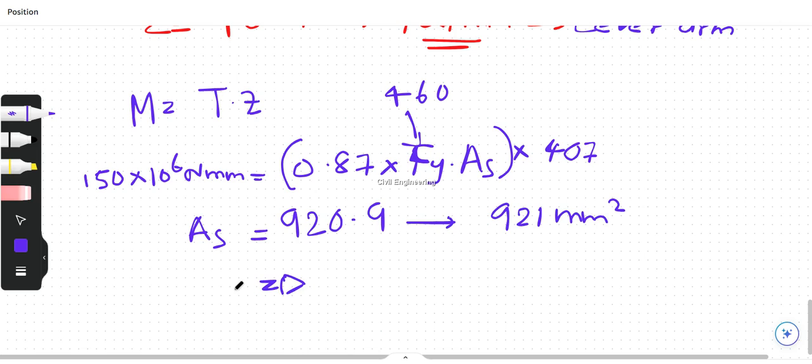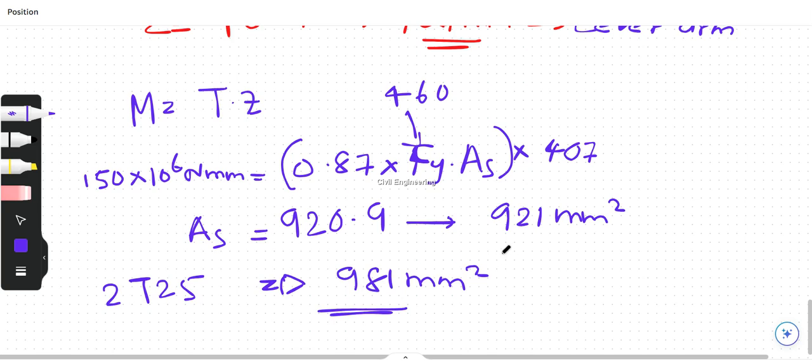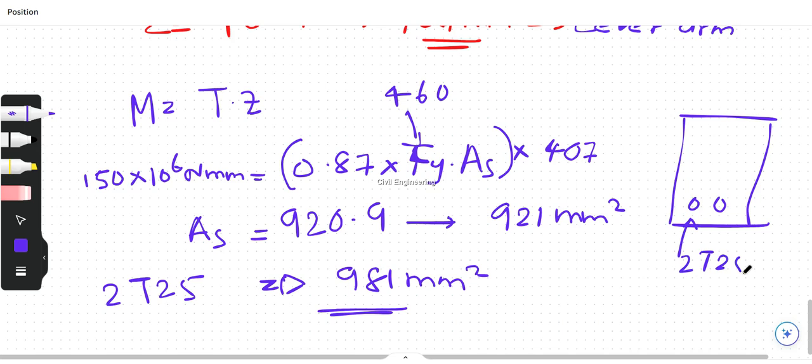We can take it by using two T25 bars, that is 981 square millimeters. So we can fulfill it. It means this section can withstand that amount of bending moment by using two T25 bars.